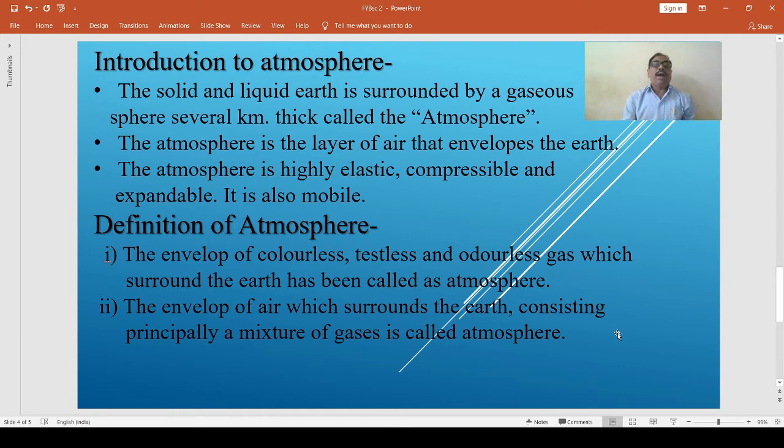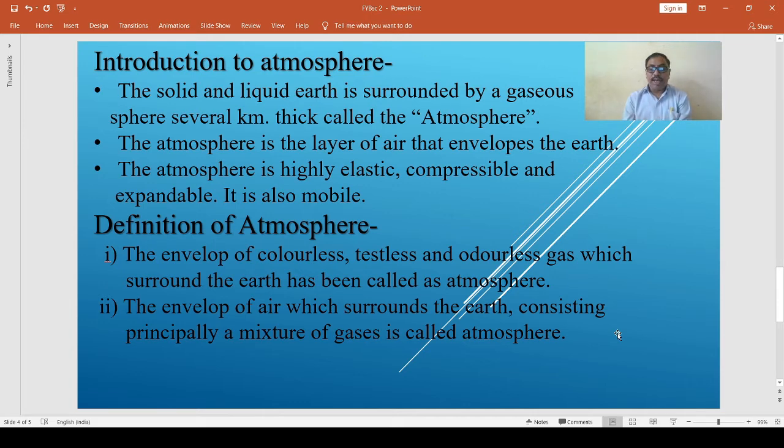The solid and liquid earth is surrounded by a gaseous sphere several kilometers thick called the atmosphere. The atmosphere is the layer of air that envelops the earth. The atmosphere is highly elastic, compressible, and expandable. It is also mobile.